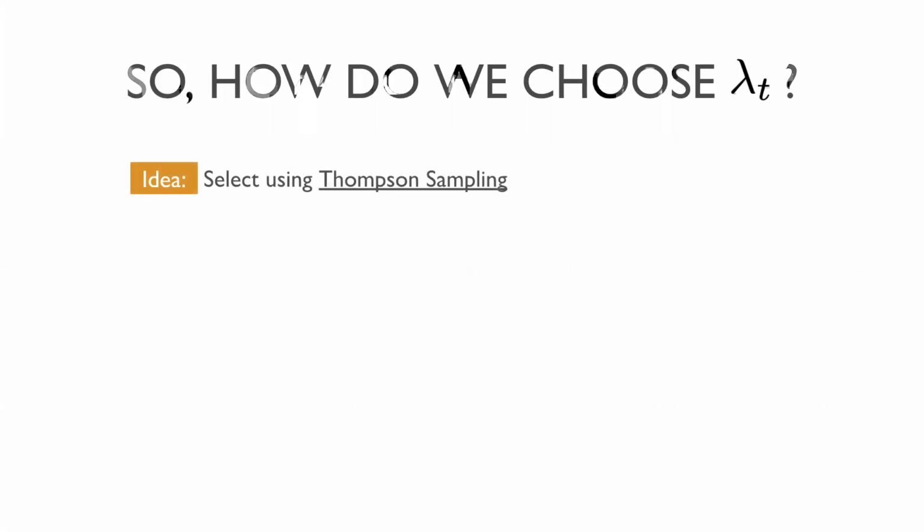Okay, and so for the method itself, I remember that there was a lambda t that we used to score how much diversity to add to our objective. So the idea is that we do this by being adaptive. How do we choose how much diversity to add? We try to do this in an adaptive way.